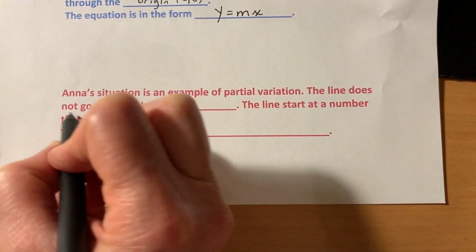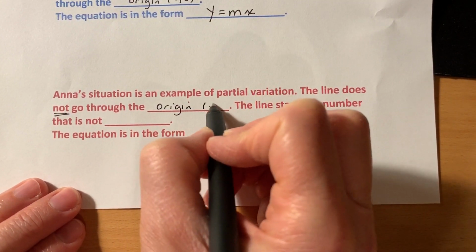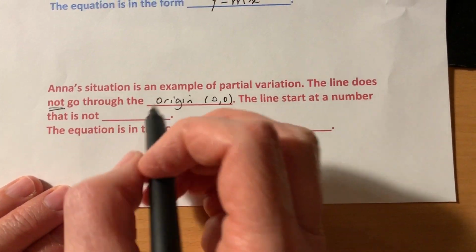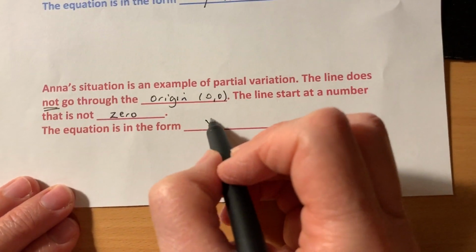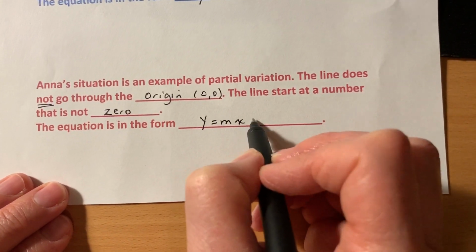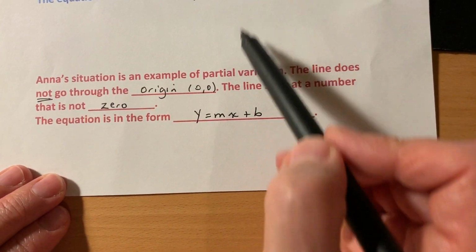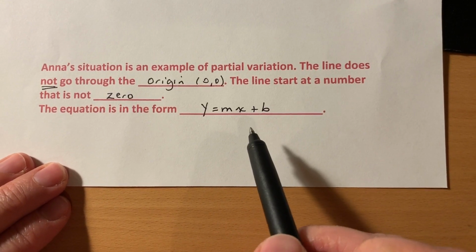The line does not go through the origin. Remember, the origin is 0, 0. The line starts at a number that is not 0. The equation is in the form y equals mx plus b. So they both have the y, they both have the m, they both have the x, but there's a number other than 0 here. And that's it.